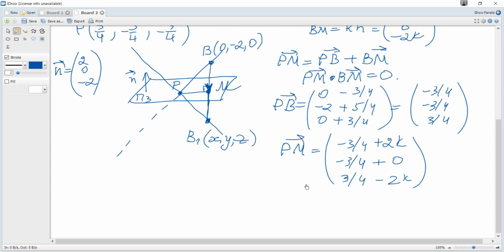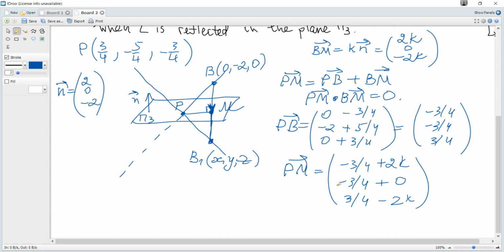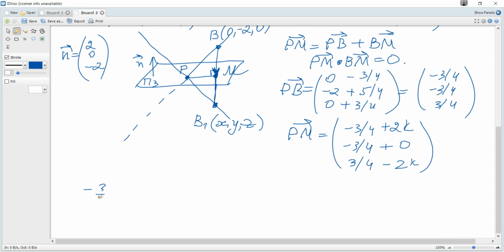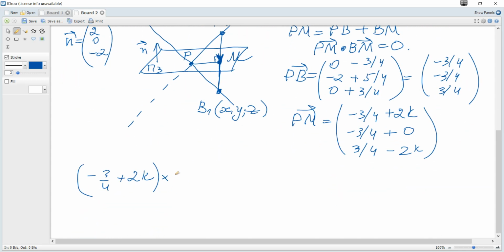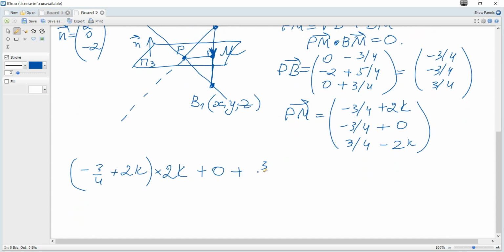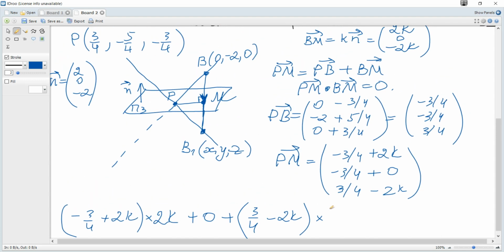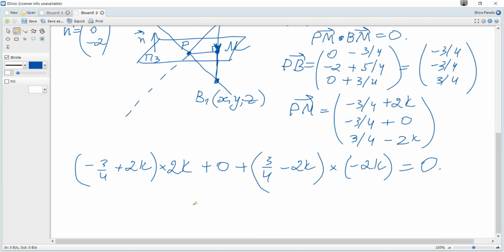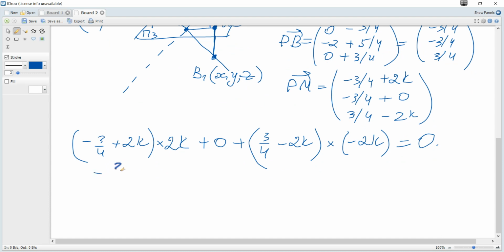Now consider the PM·BM dot product, so it becomes (-3/4 + 2k)(2k) + 0 + (3/4 - 2k)(-2k) = 0. K is not 0, so we can divide each term by 2k and get -3/4 + 2k, and -3/4 + 2k is 0.